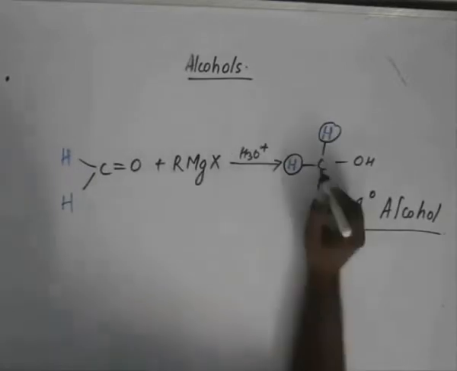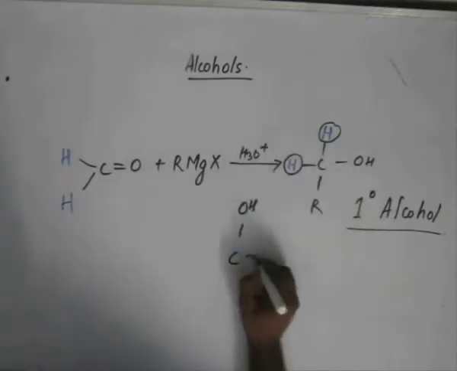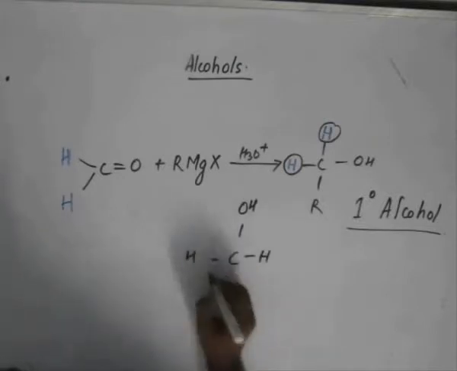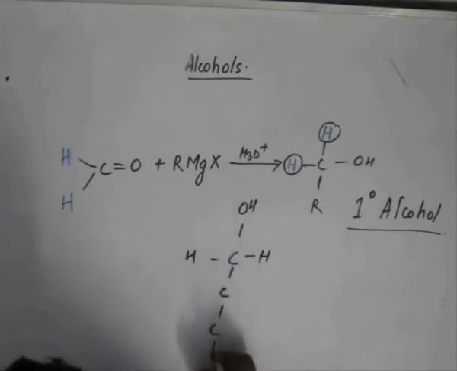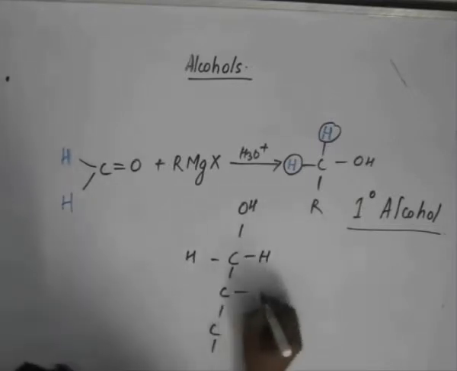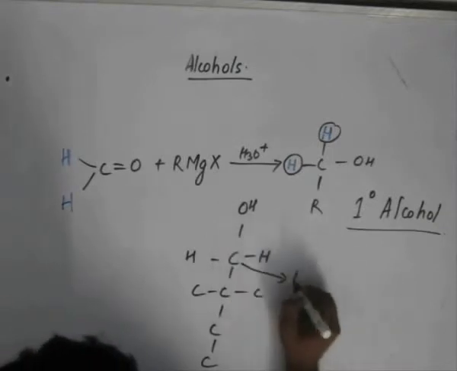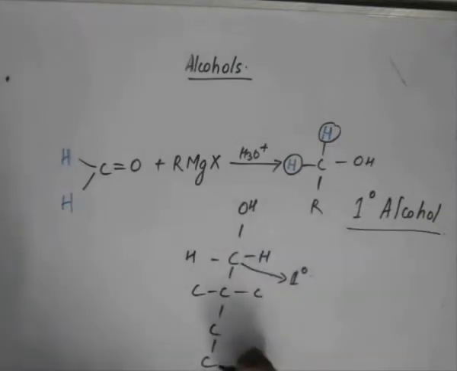Okay, because this carbon atom has this sort of a group, this can be anything, like this or anything, but this carbon always remains 1 degree.